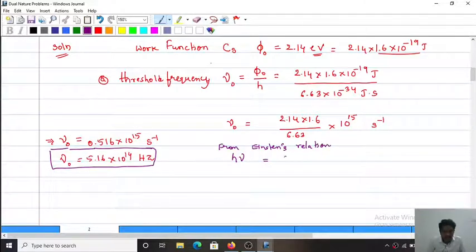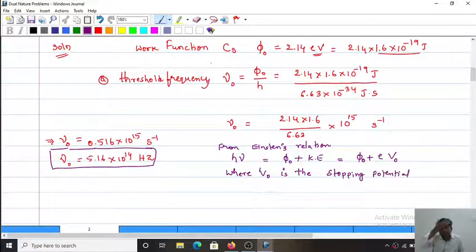One is used to free the electron from the metal plate, that is called the work function, and the remaining gives the kinetic energy, KE. A charged particle accelerated through a potential difference V has kinetic energy, so it can be written as phi naught plus eV naught, where V naught is the stopping potential.